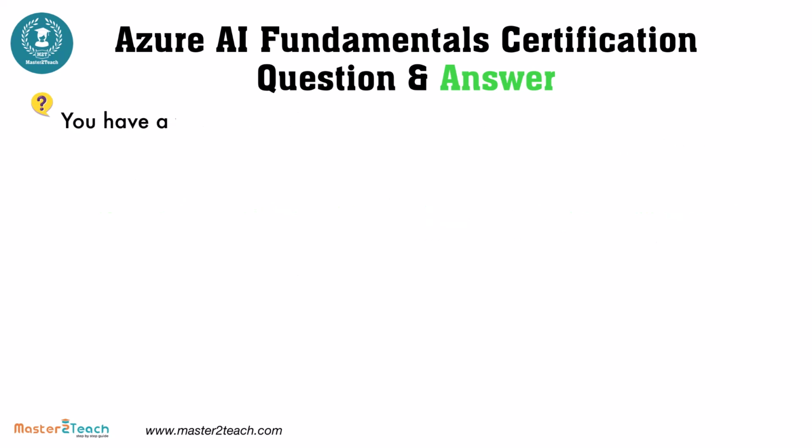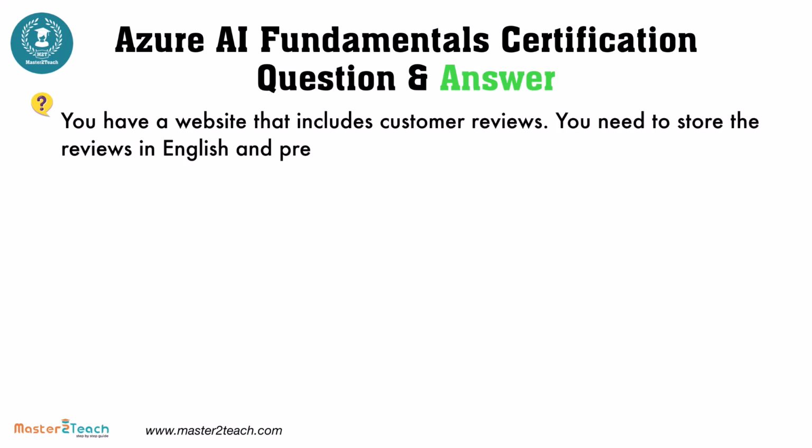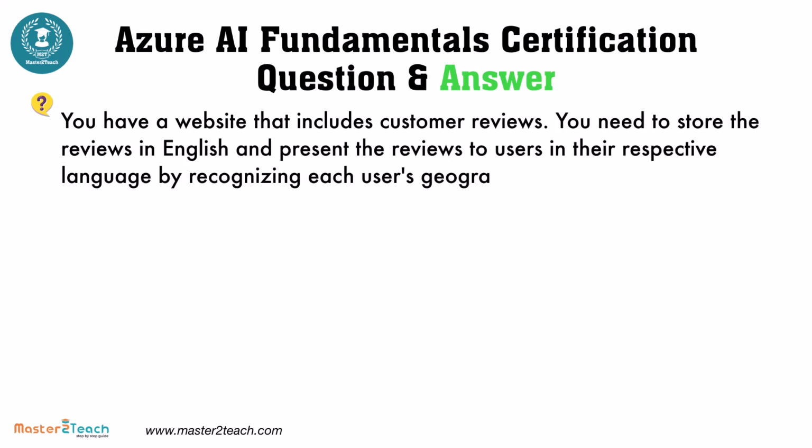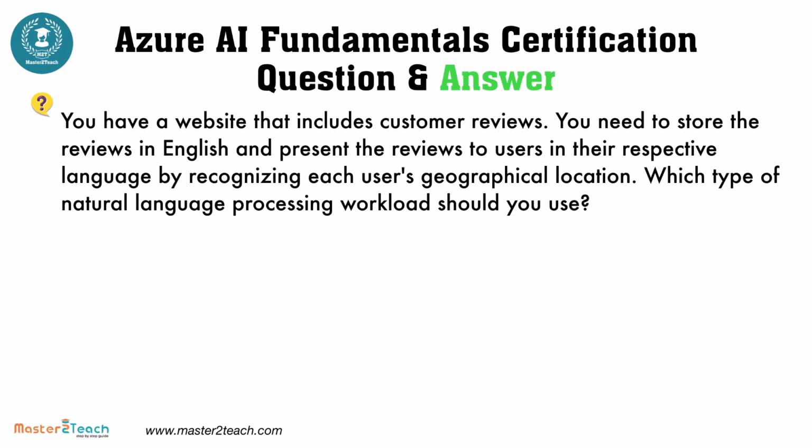You have a website that includes customer reviews. You need to store the reviews in English and present the reviews to users in their respective language by recognizing each user's geographical location. Which type of natural language processing workload should you use?